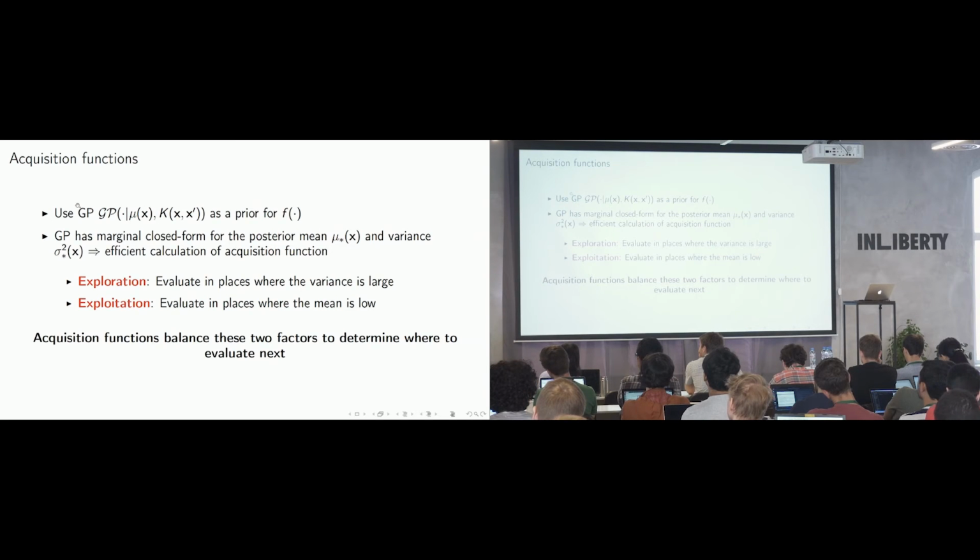Because if uncertainty is big, then possibly in that region something interesting is located. And concerning the exploitation, we just need to explore those points for which the posterior mean provides some extremum values, some extremum prediction.